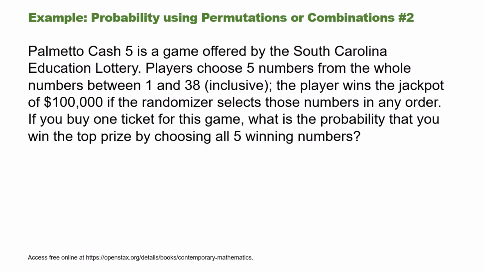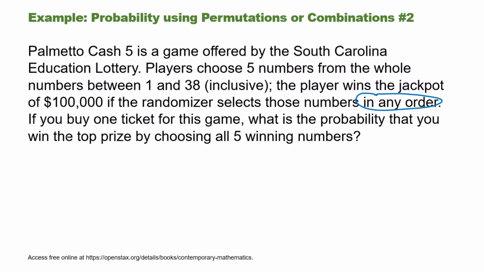If you buy 1 ticket for this game, what is the probability that you win the top prize by choosing all 5 winning numbers? There's a phrase in this that, again, I hope feels familiar. It's this. It says, in any order. Because we're choosing numbers in any order, this is a combination, not a permutation.